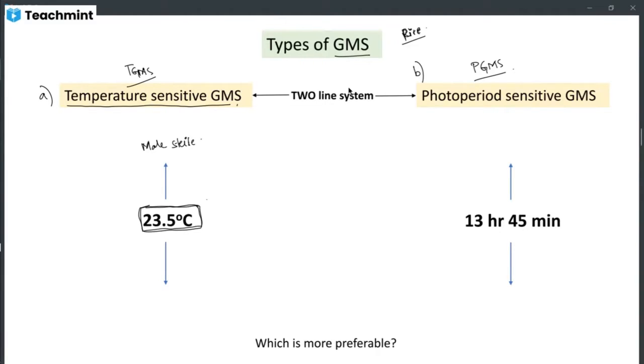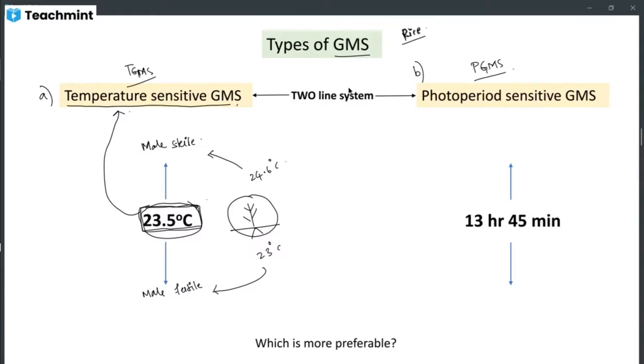And if the temperature is below 23.5 degrees centigrade, then the same plant will be male fertile. See here, the plant is the same, but everything depends upon the temperature, and hence the name temperature sensitive genetic male sterility. So if it is at 24.6 degrees centigrade, it will be male sterile. And if it is 23 degrees centigrade, then it will be male fertile.